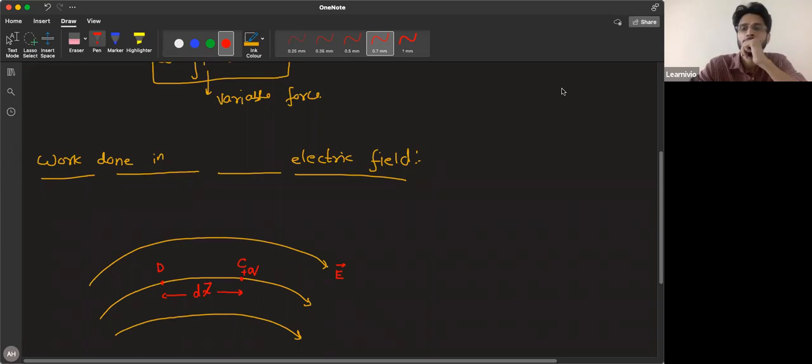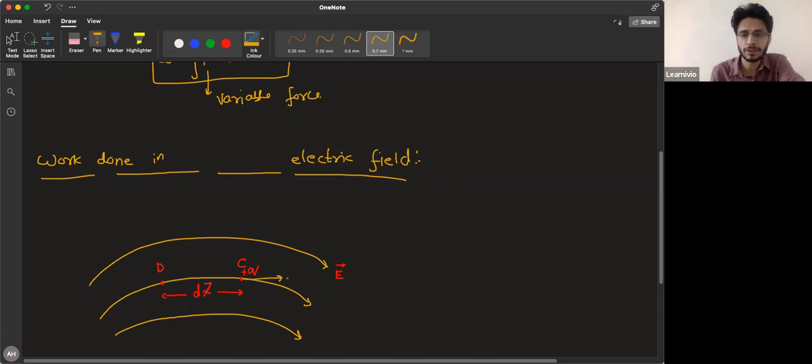Puneet, what happens when we place a charge in an electric field? Sir, force acts. So this charge experiences a force. So what happens is this field exerts a force on the charge.